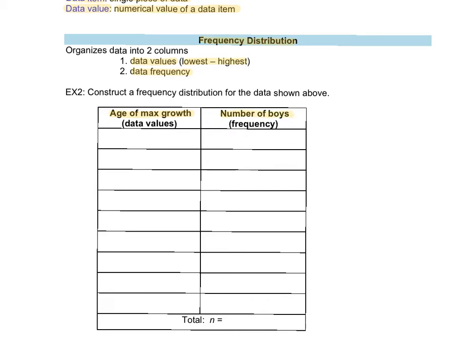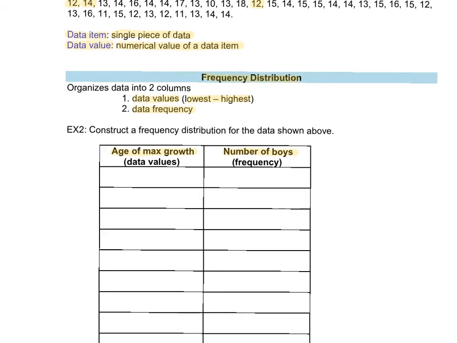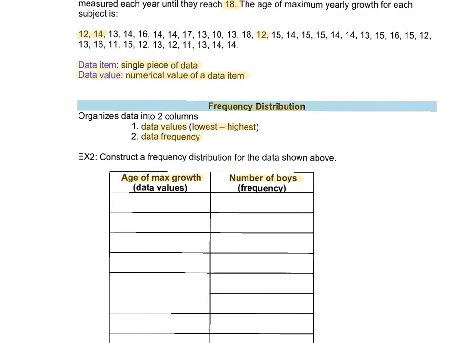For example, when you look at that string of numbers, the smallest number is 10. That would be the data value. So how many boys had their maximum yearly growth at the age of 10? It's easiest for me when I go through the list to cross it off as I go along. So there's one.